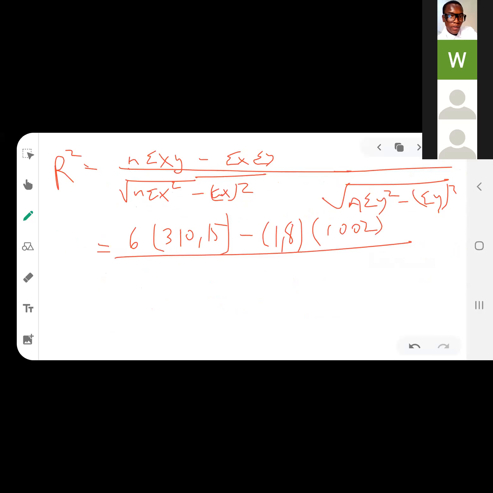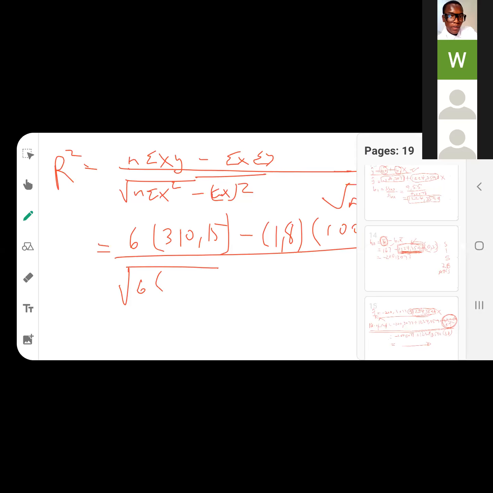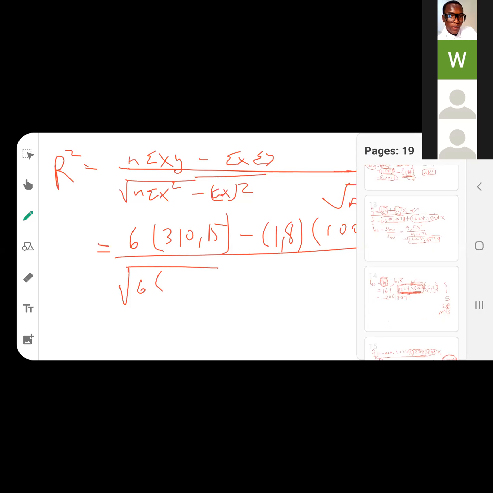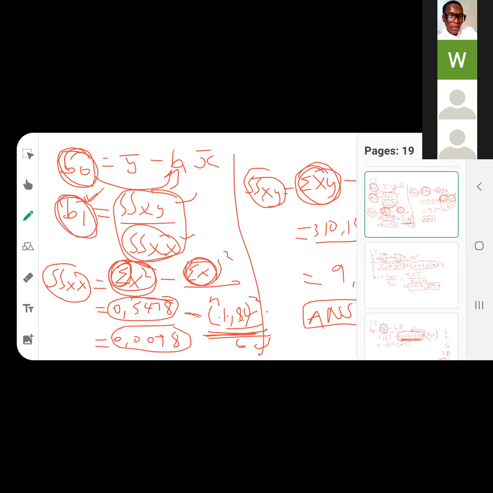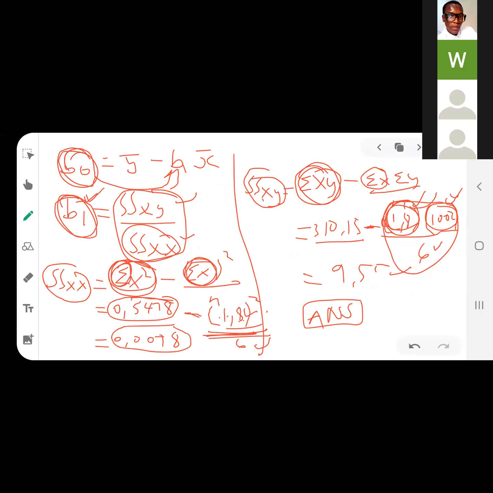Divide by the square root of n, which is 6, times the sum of x squared. We also calculated it somewhere. The sum of x squared is shift 1, 3, 1. We got 0.5478.